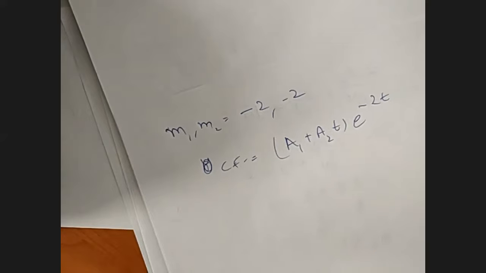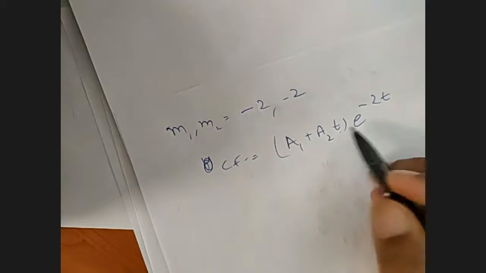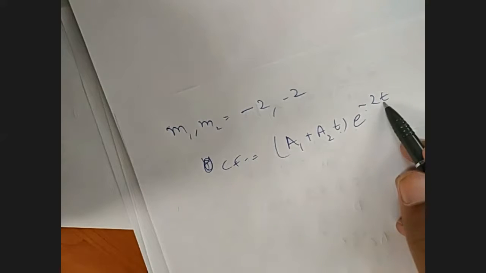When we have a repeated root, then it will be (a1 plus a2t) e raised to power minus 2t.